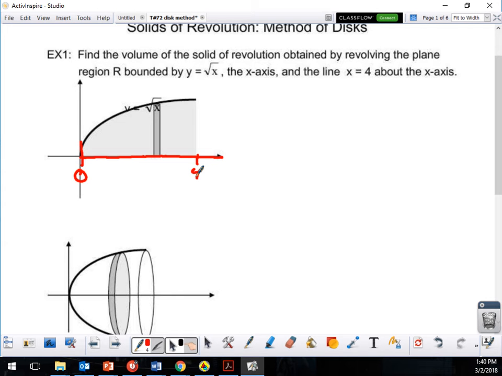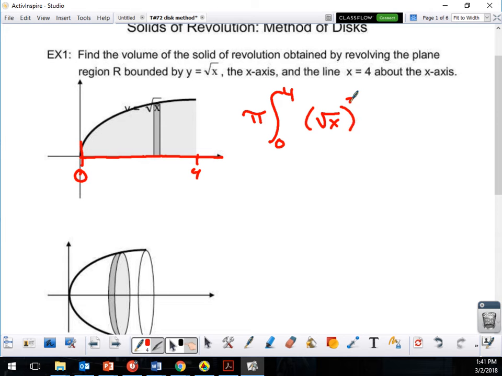Given that information, I know it's going to be the same formula. So I'm going to have pi out front, from 0 to 4, of root x, there's my function. What am I doing to the function? Squaring it.